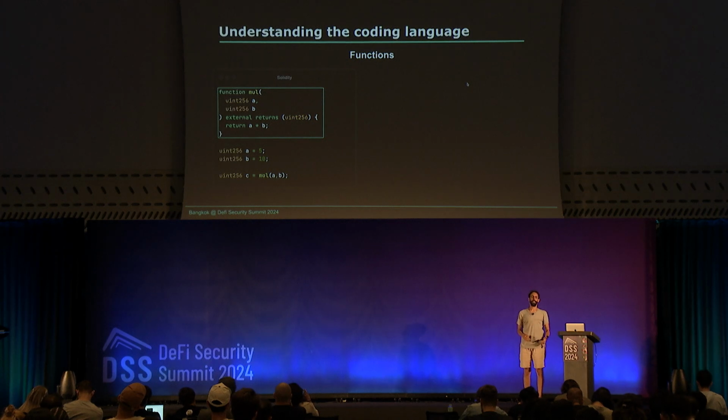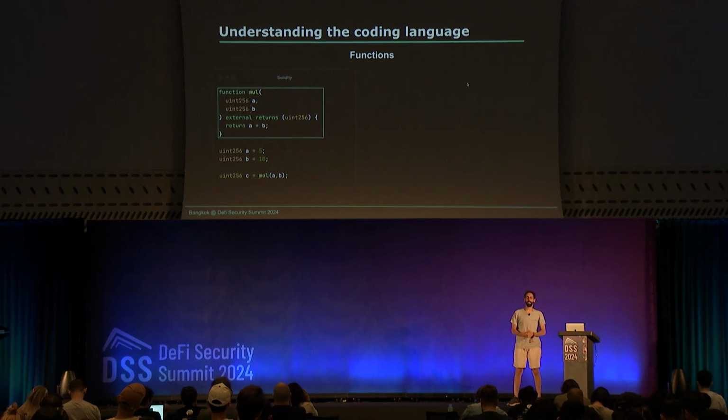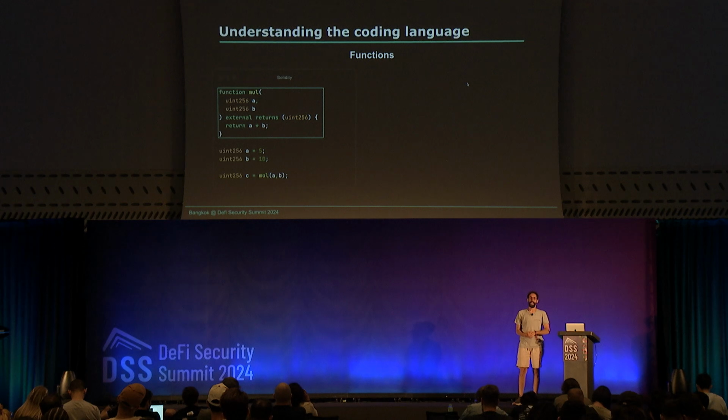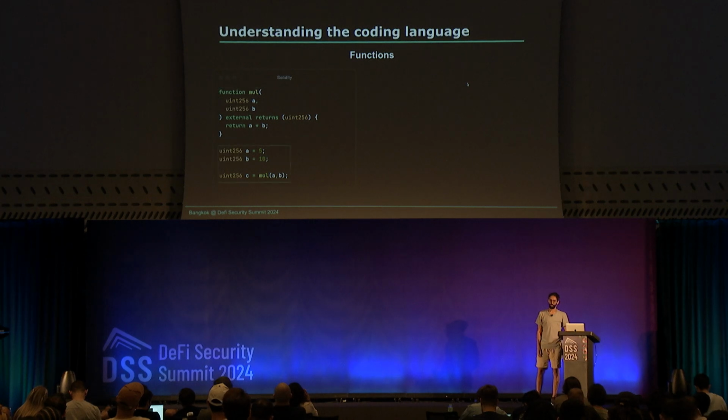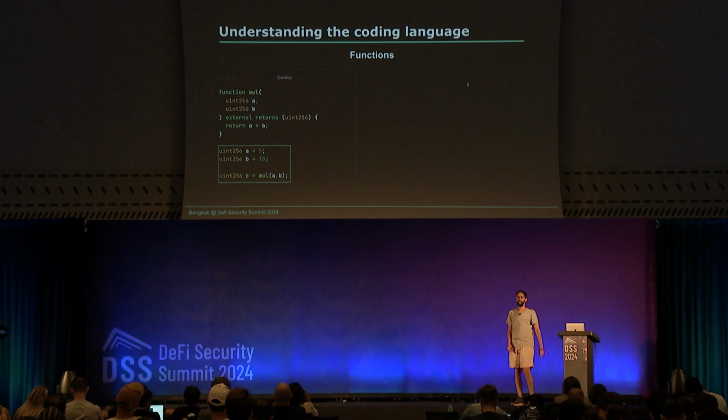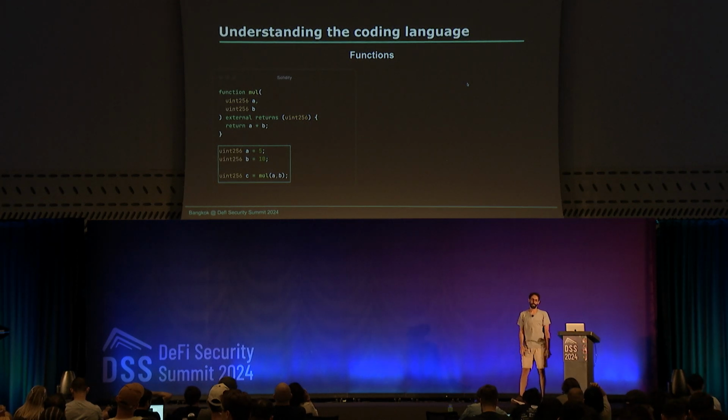We declare the input type, so we have uint256 a and b. Then we have the visibility of the function, and if you want to return anything, you add the keyword returns and the type of it. And to return, we also have the keyword return and return the values. To use this function, we can declare these two variables, a and b, and you just call the function and pass the inputs.